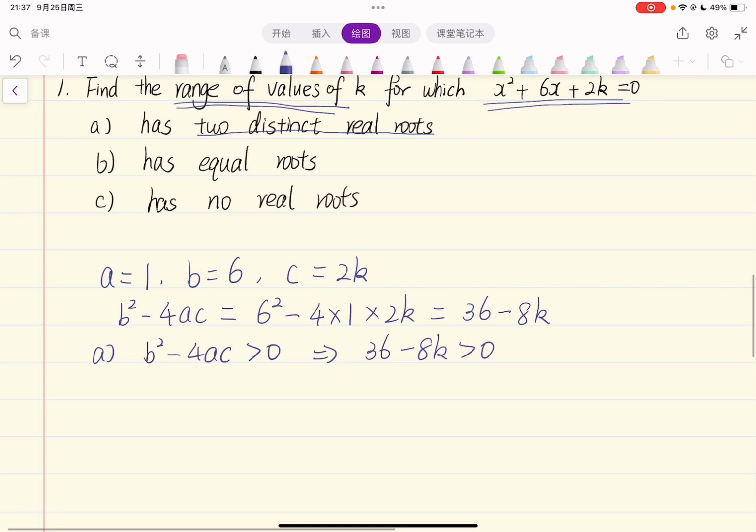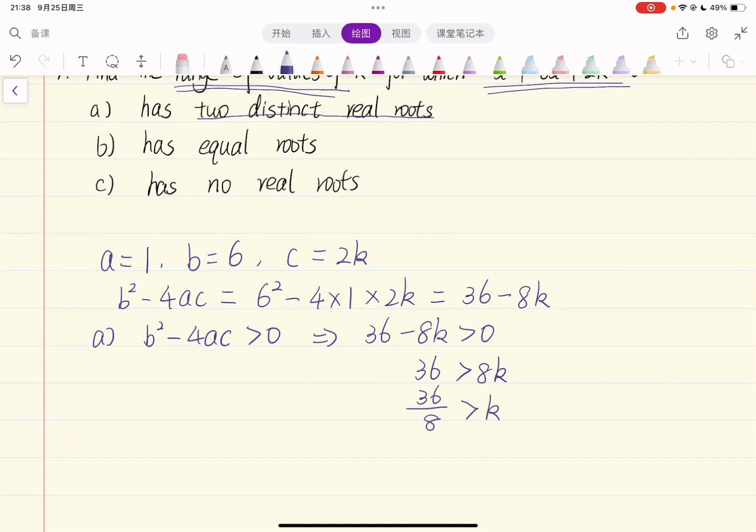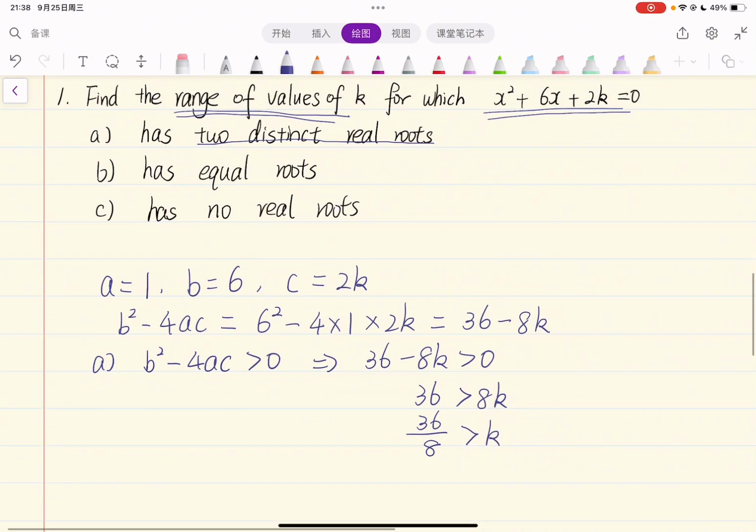What we get is 36 greater than 8k. So k less than 36 over 8. So for all the real numbers k that are less than 36 over 8, this equation has two distinct real roots.